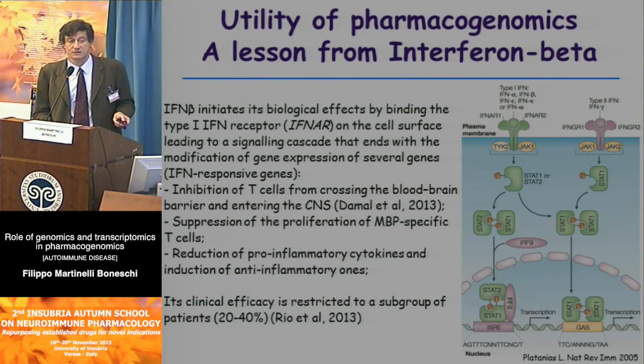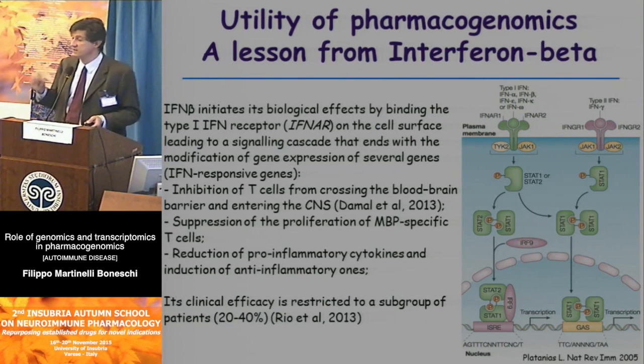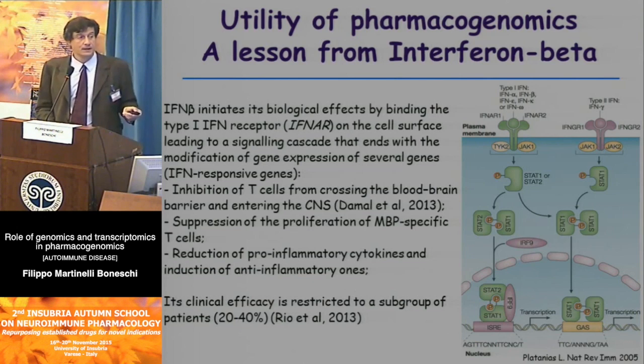And those genes which contain this specific sequence in the promoter are essentially upregulated following interferon administration. So interferon is provided, then there is the signaling cascade, and there is an upregulation of genes containing this specific sequence, which is called the ISRE sequence.